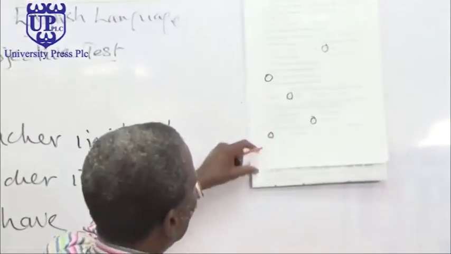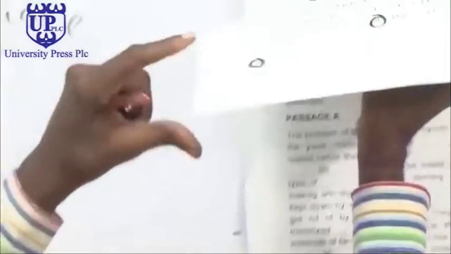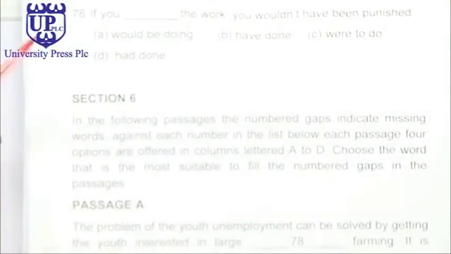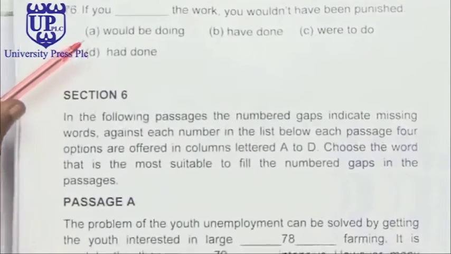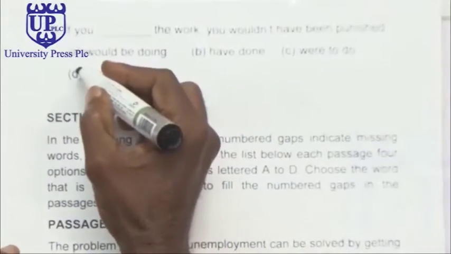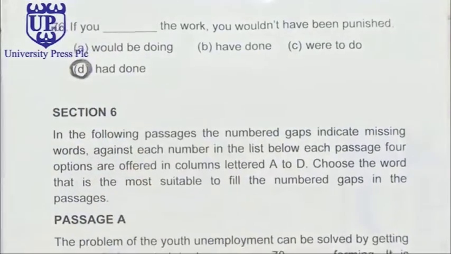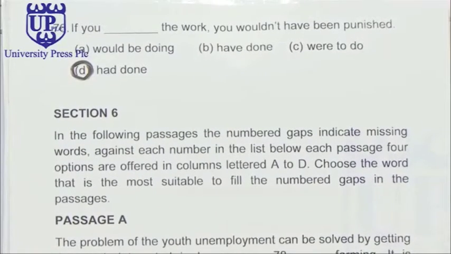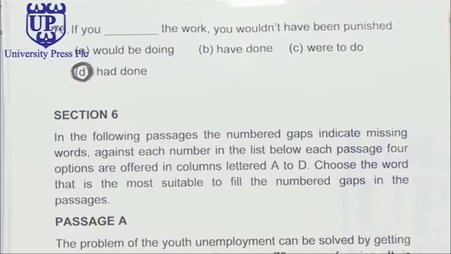Take note. Right. Now let's look at number 76. If you dash the work, you wouldn't have been punished. If you had done, you see, you have three conditions. You have the likely one, you have the unlikely, you have the impossible.